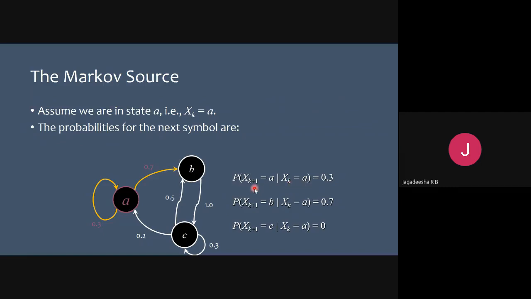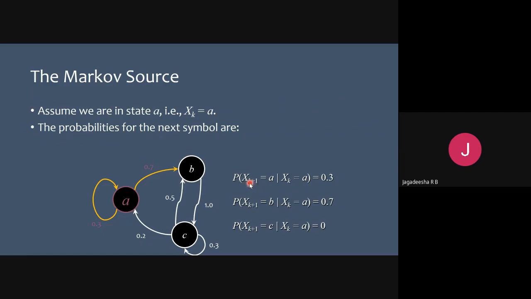In a dependent source, we use this term, conditional probability. What is x k? x k is the state of the source. So if the state of the source is A right now, that is, the kth state is A, then what would be the k plus 1 state?